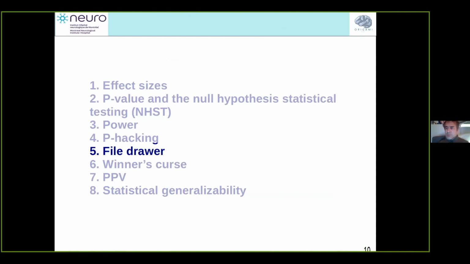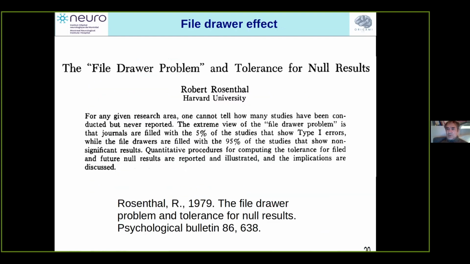What is the file drawer effect? Well, in some sense, it's actually linked to pre-registration as well. The file drawer effect is simply the fact that when you're looking at the literature, you are unlikely to see non-significant results. And therefore there are a lot of studies that are sitting in the drawers and are not being published, and therefore the effect sizes that we find in the literature are biased towards higher values.